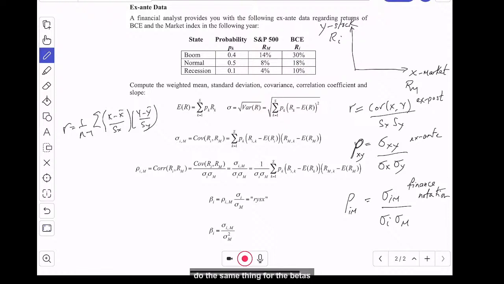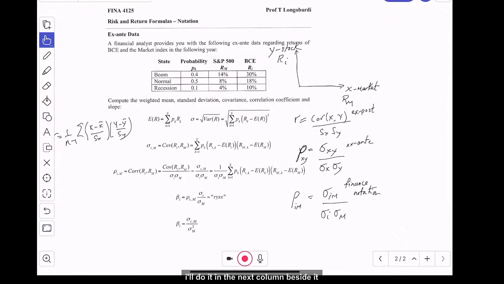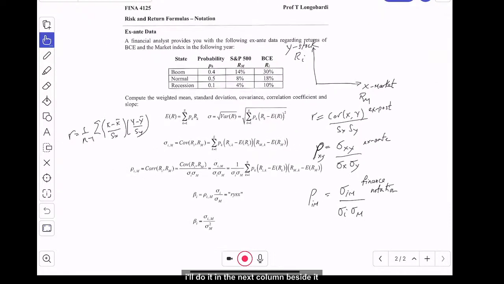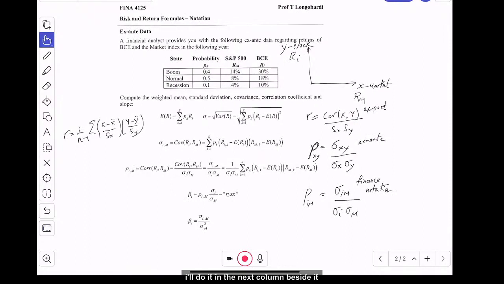Now I've done that for correlation. Let's do the same thing for the betas. I'll do it in the next column beside it. For beta, or b, the slope, it's r sy over sx for ex post.